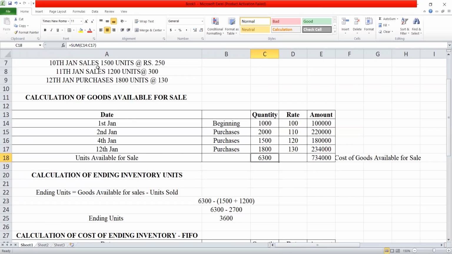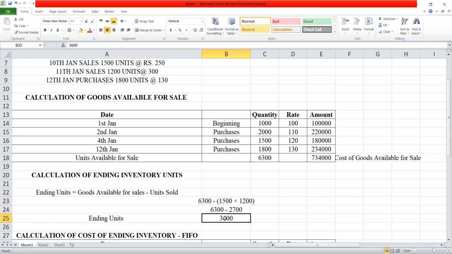How many units sold here? 1500 and 200. You have to ignore the selling price, once again, in the periodic inventory system, as you already ignored it in the perpetual inventory system. So when you subtract units sold from 6,300 units available for sale, you get the ending units, that is 3,600 units.